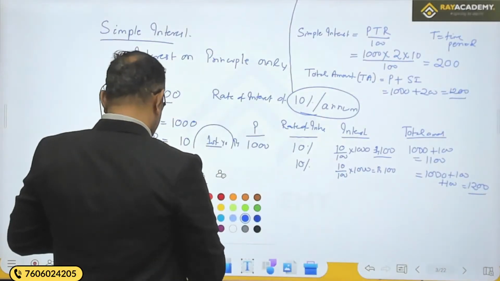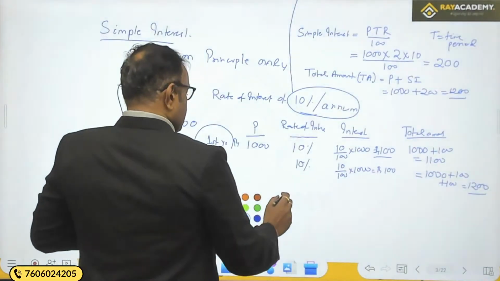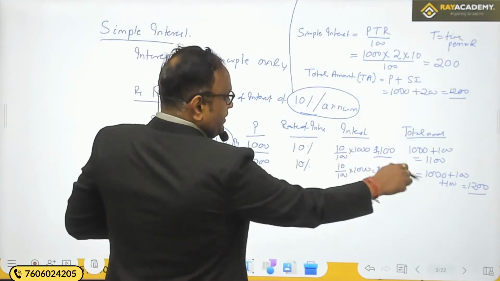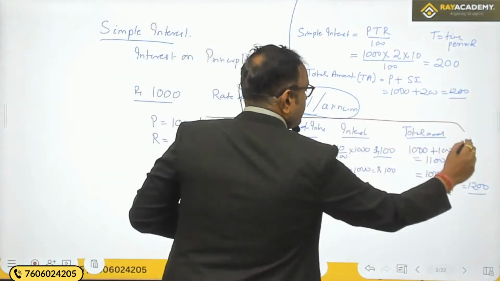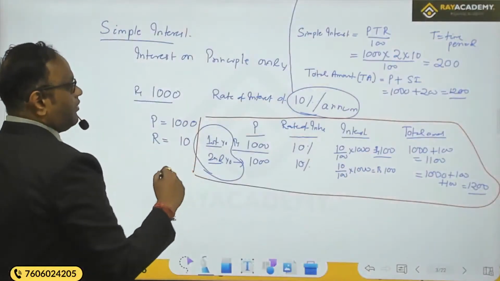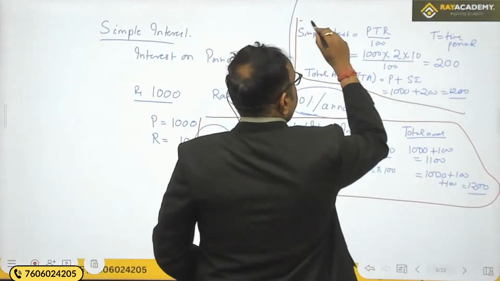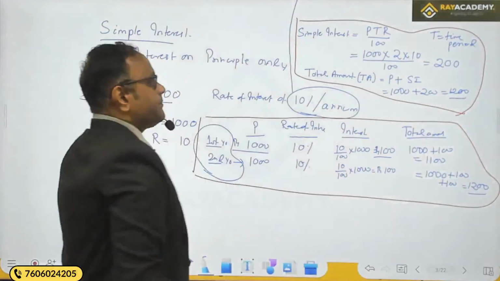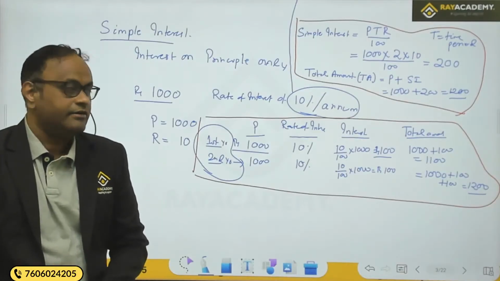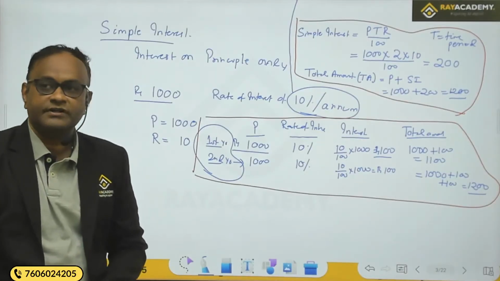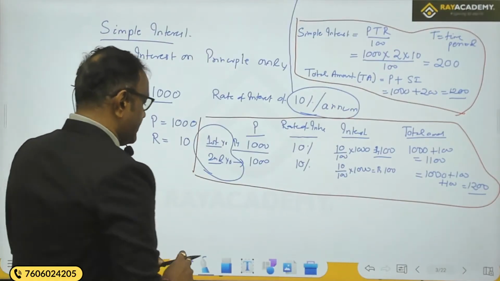Either you do this simple calculation as I have shown, or else use the formula. The formula is: simple interest is PTR by 100, and total amount is principal plus simple interest, so that is 1,000 plus 200, this is 1,200. Now we will see what happens in compound interest.